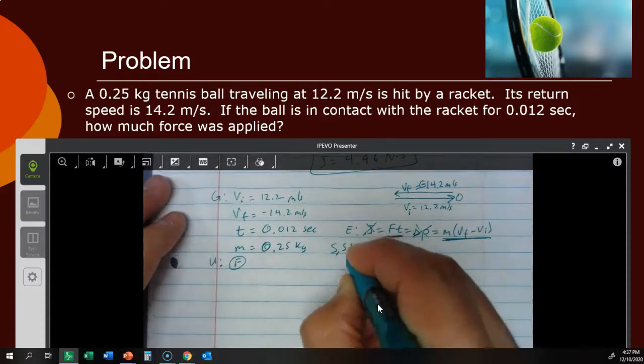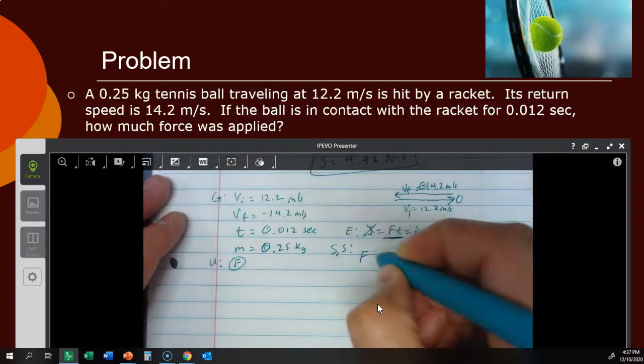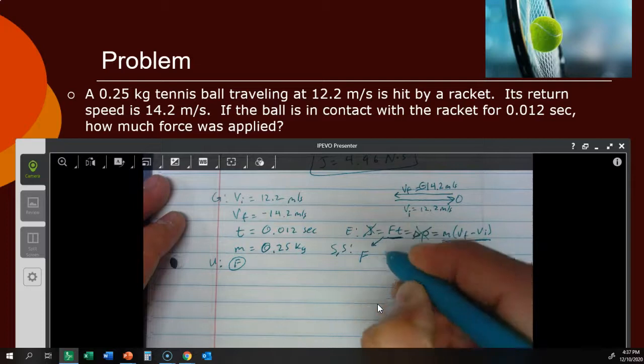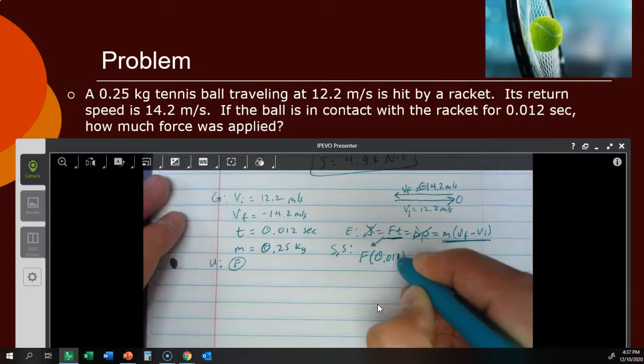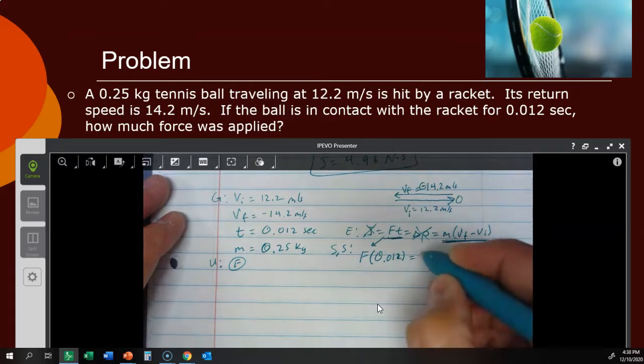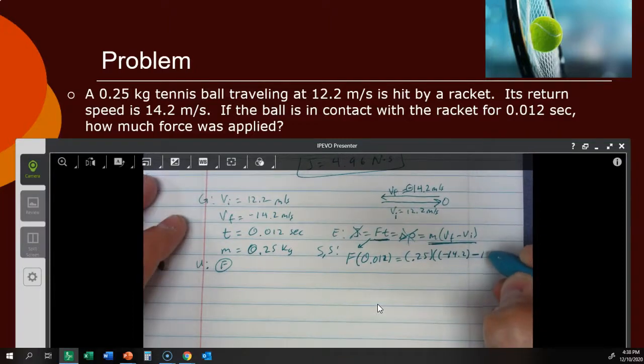Now we can substitute the numbers in and solve. I'm looking for the force, so I'm going to leave that the way it is. Time is 0.012. Mass 0.25. Final velocity is negative 14.2 minus the initial velocity of 12.2.